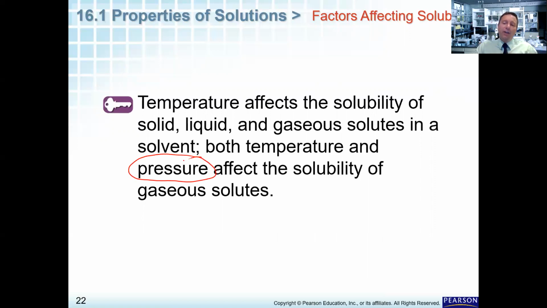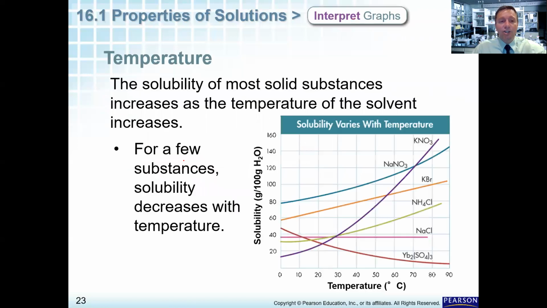So what can affect a solid? For a solid and a liquid, temperature affects, but pressure has no effect. When you talk about a gas, temperature and pressure affect it. Really important. So please make note of that as we go into this section right here.